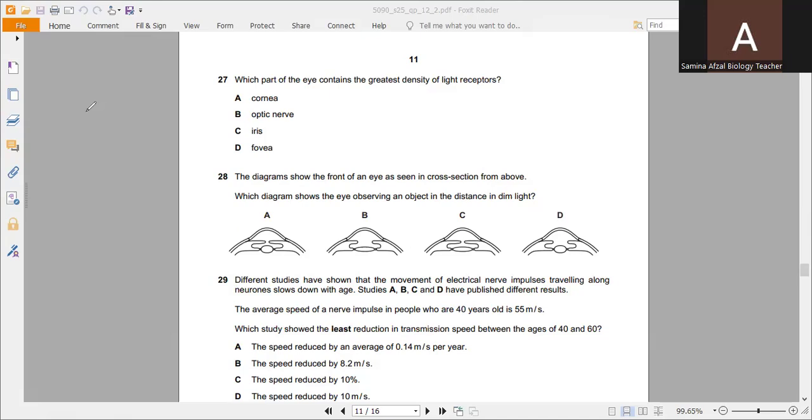The cornea, the clear front window, helps in refraction. And the optic nerve is the blind spot where no receptors exist, where nerve fibers are exiting the cells. So optic nerves take the messages towards the brain.